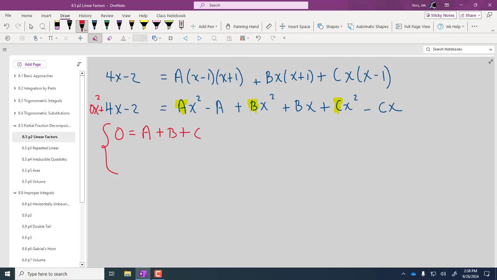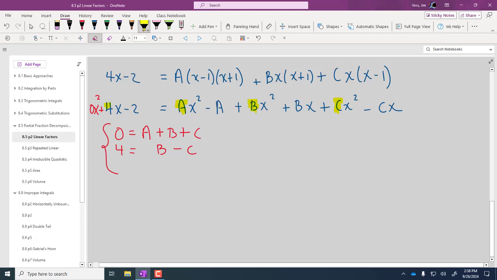Coefficient of x on the left is 4. Coefficient of x on the right is b minus c. Constant on the left, let me highlight that too.